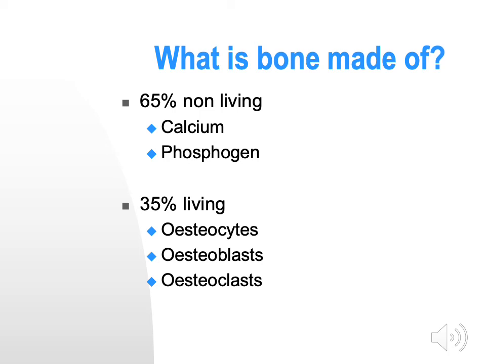Aside from that matrix, we then have roughly 35% of the bone being living cells, and there are some key different types of bone cells within there. Osteocytes, osteoblasts, and osteoclasts. Osteocytes are the mature bone cells, and they're the major cells within our bone tissue.